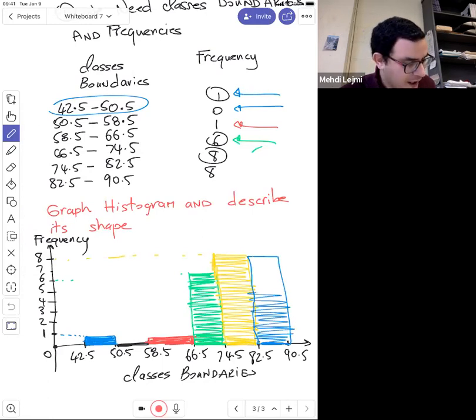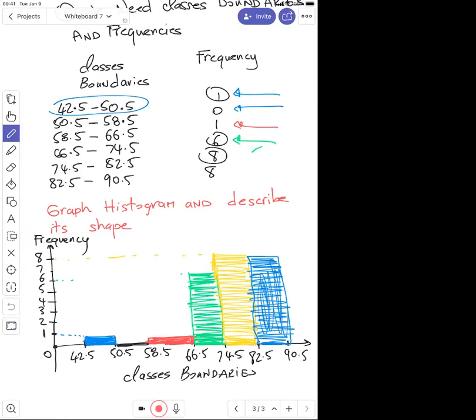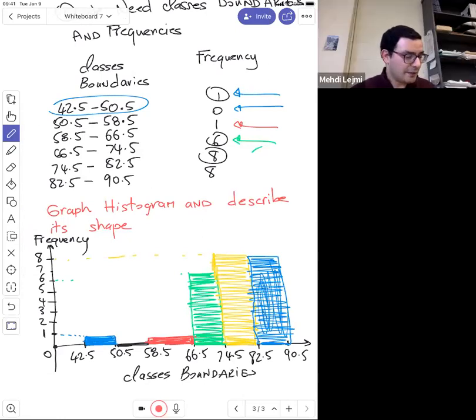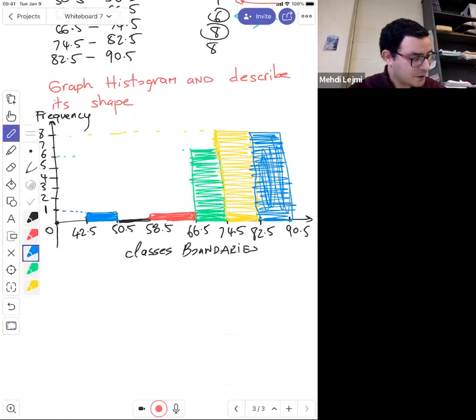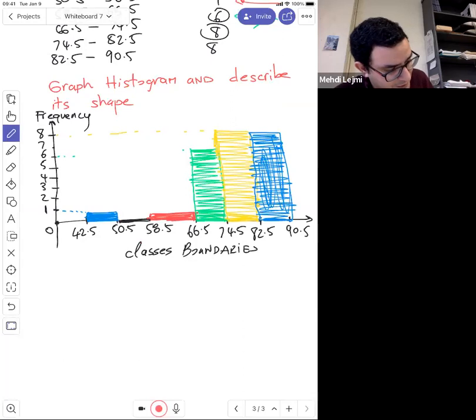All right, guys. Any guess what will be the shape of this histogram? Skewed to the right. Skewed to the right, absolutely, very good. So as you can see, the classes with the highest frequencies are on the right side, right? So these are my classes.